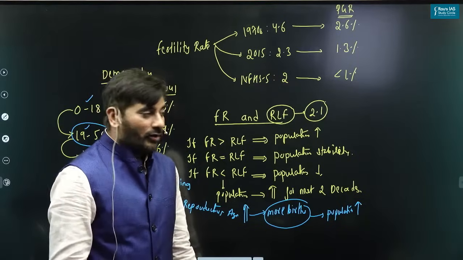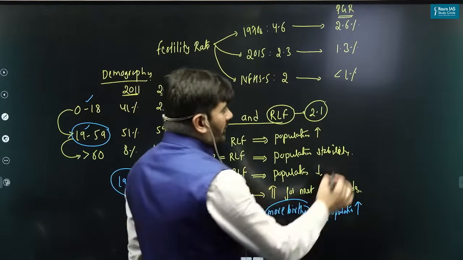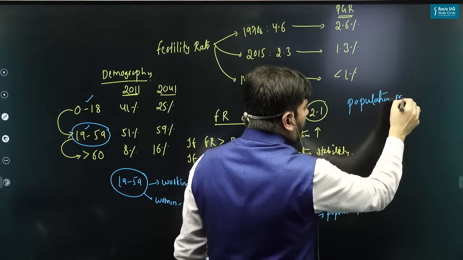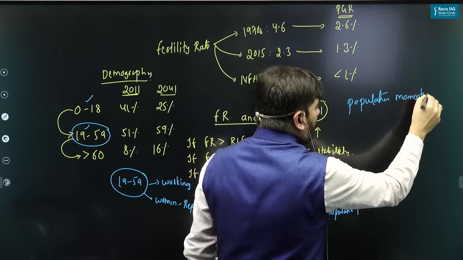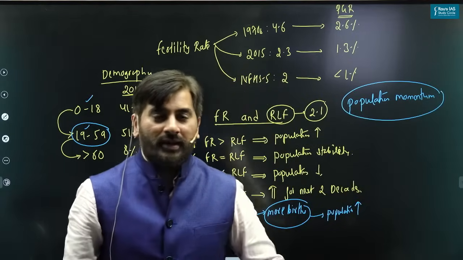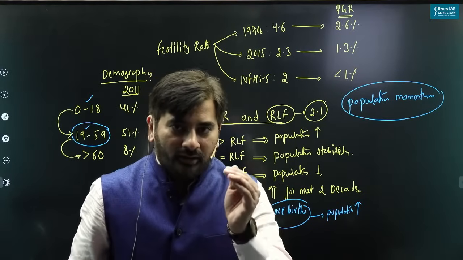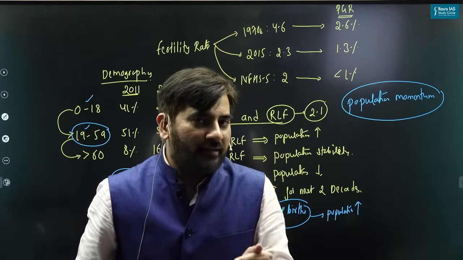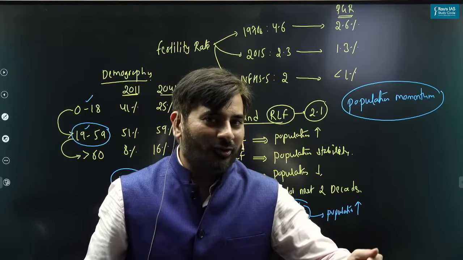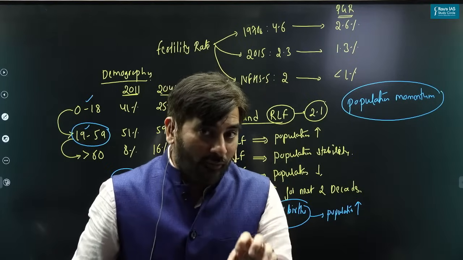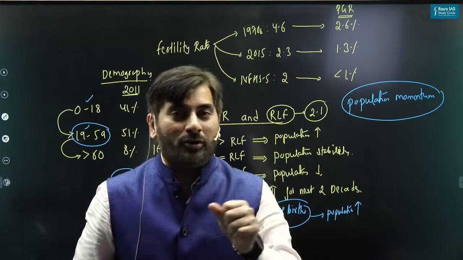Now this concept which I've explained to you is called population momentum. Population momentum in simple words means the fertility rate has dropped to below replacement level fertility. In spite of this, the population will continue to increase. Why? Because we would have more number of women in the reproductive age group.